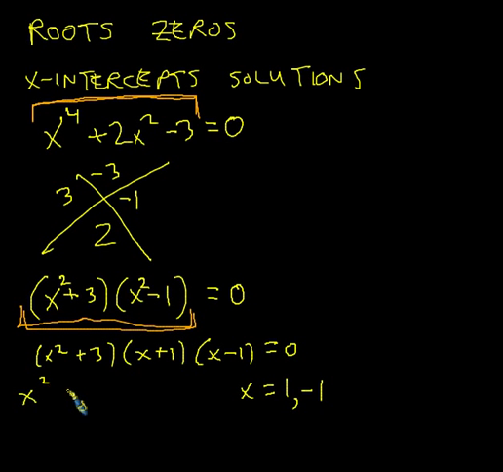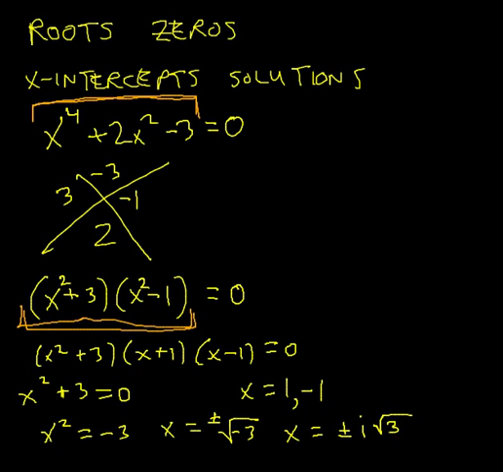And then here we've got x squared plus 3 equals 0. Remember, zero product property. If something times something times something equals 0, then either this is 0 or this is 0 or this is 0. So if I have x squared plus 3 equals 0, then x squared must equal negative 3, and that means that x equals the square root of negative 3. And we always make that plus or minus when we're solving for x. That turns into x equals plus or minus i root 3.